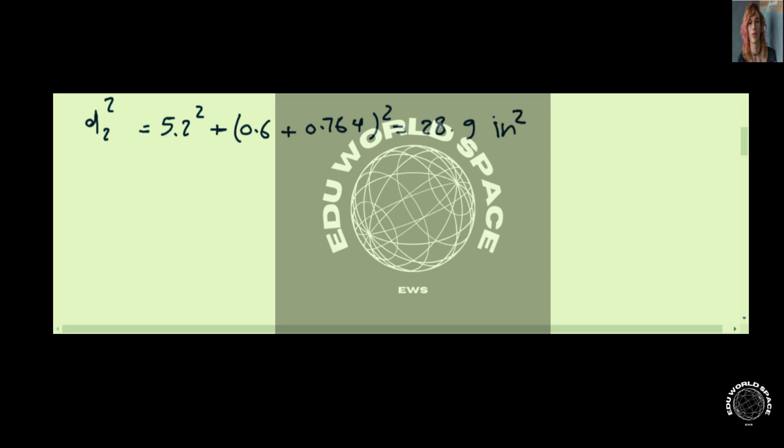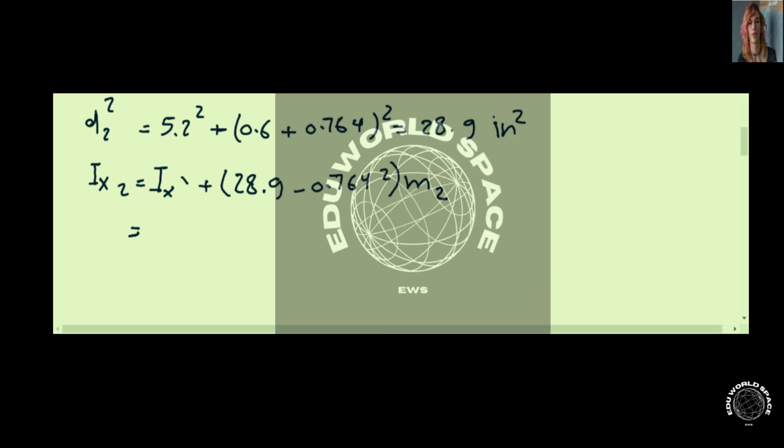So the mass moment of inertia about x-axis of part 2 is Ix2 equals Ix dash plus 28.9 minus 0.764 squared m2.